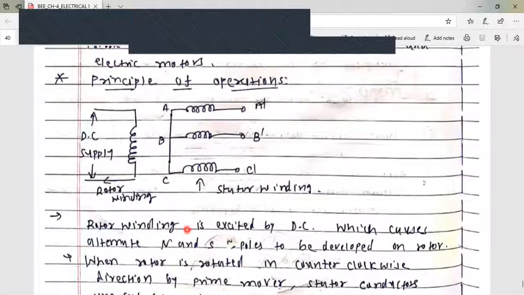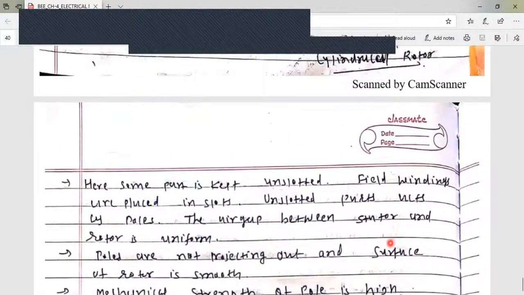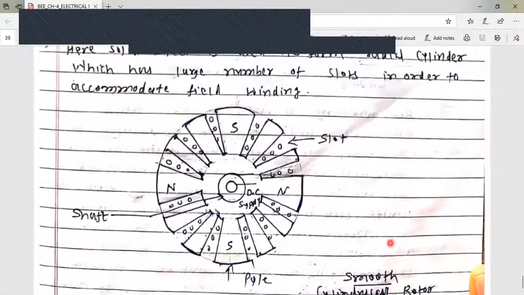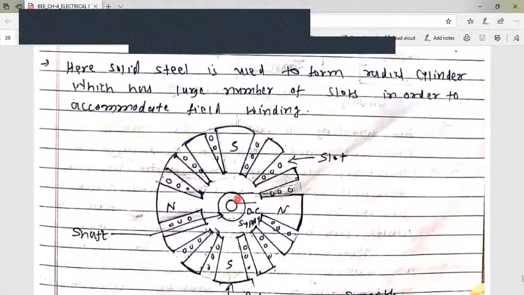So when the rotor winding is excited by DC, alternate north and south poles are developed on the rotor. As we have discussed, when we apply DC here in the figure, they have connected the DC supply to the rotor windings.